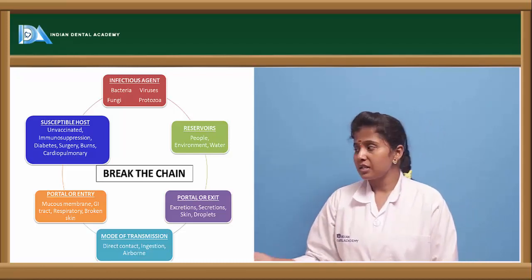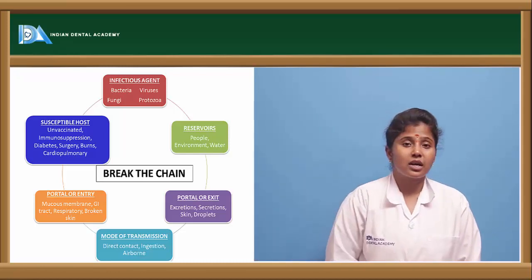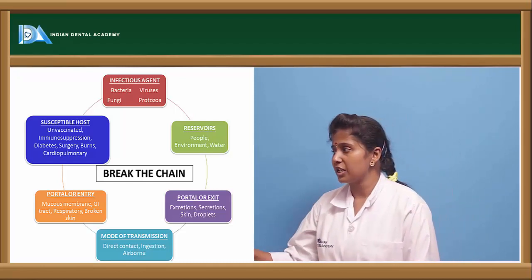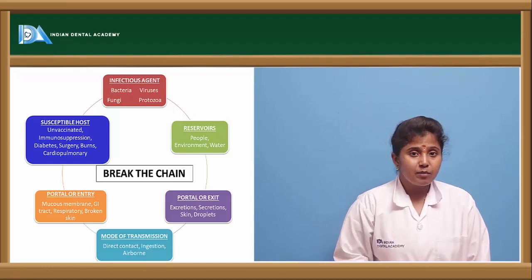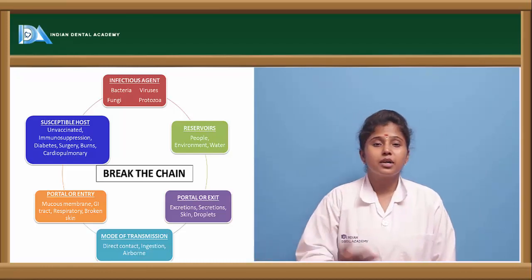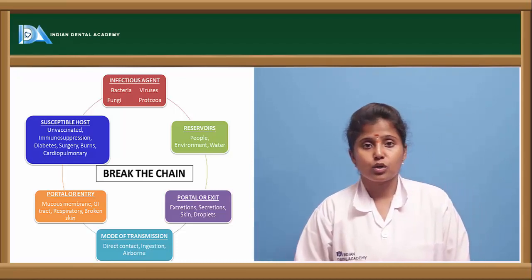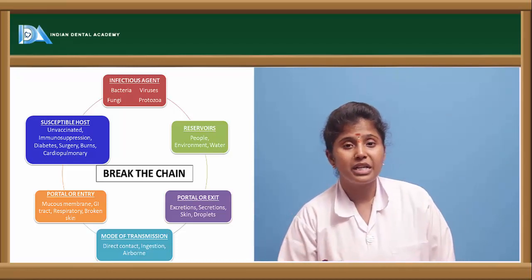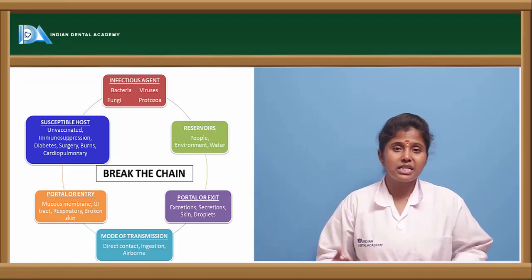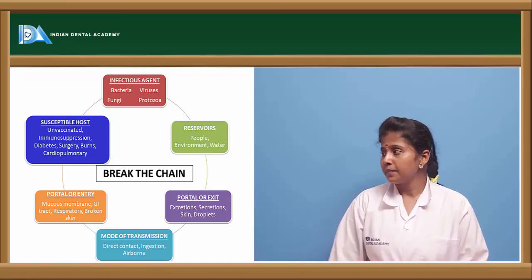Susceptible hosts are people who are unvaccinated, who have not taken any vaccination, who have less immune activity, who have diabetes, surgery, burns, or cardiac related disorders. All these persons are considered to be hosts for the microorganism. So we need to break this chain, otherwise the infection will spread.